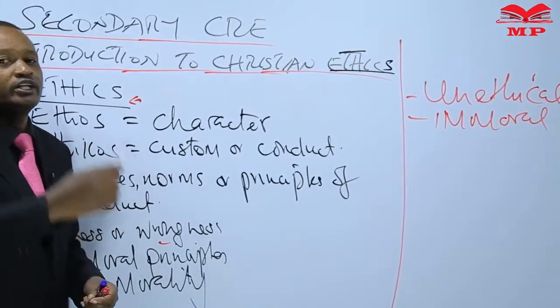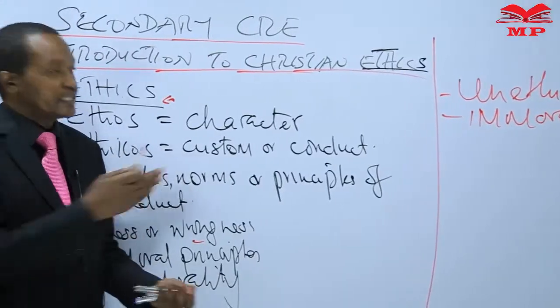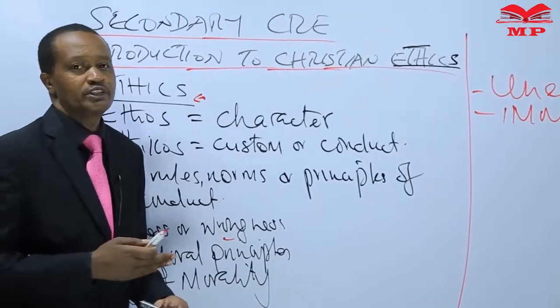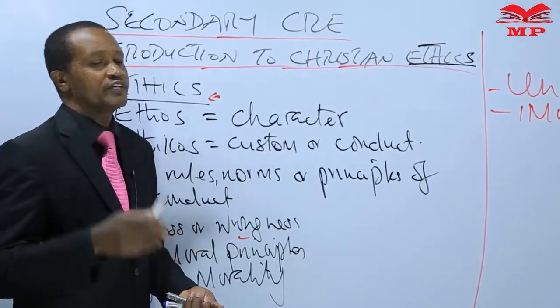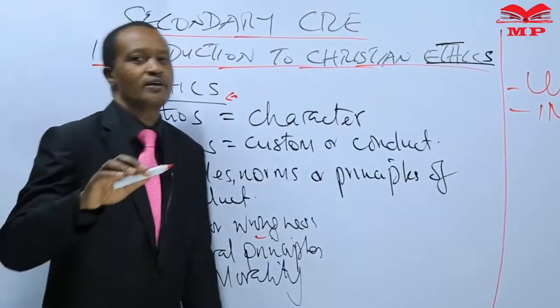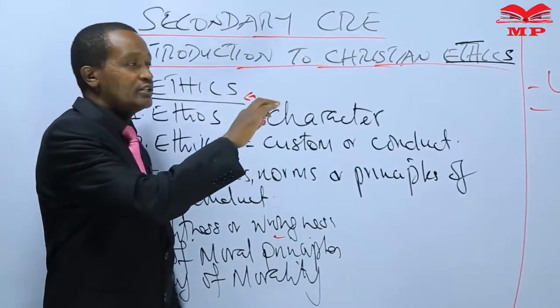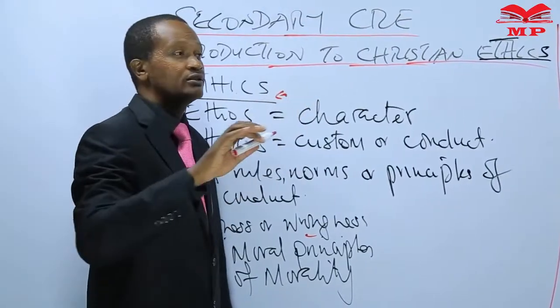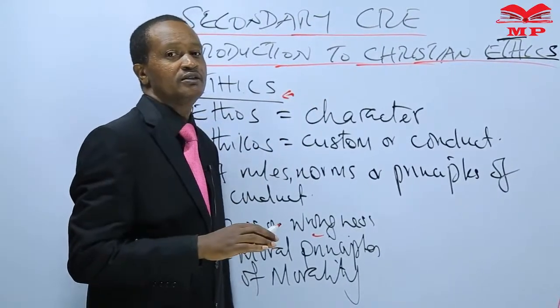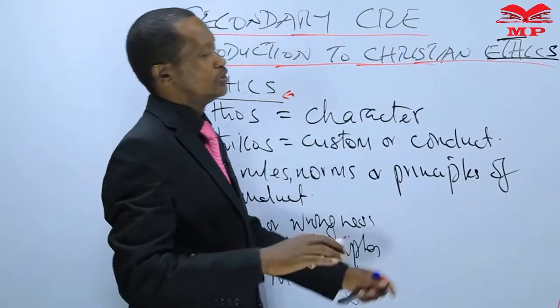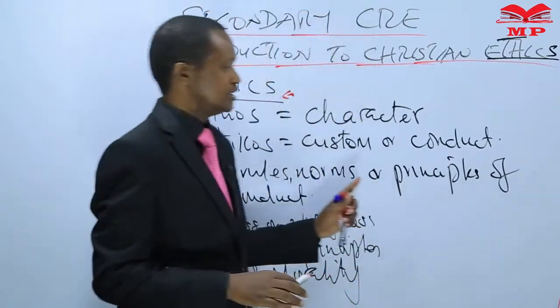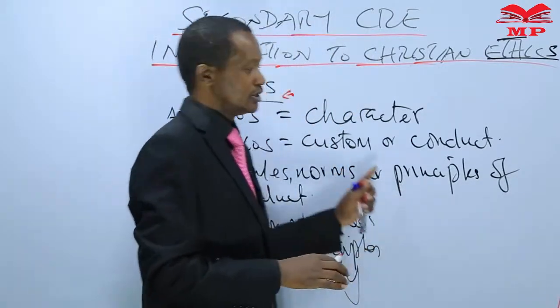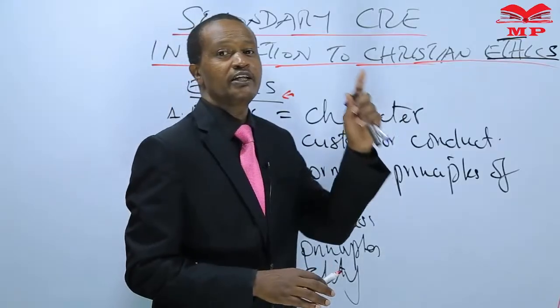That is, going contrary to the set principles. And in African traditional societies, failure to comply with what we call taboos attracted severe punishment. Those who did not adhere to the taboos were severely punished.